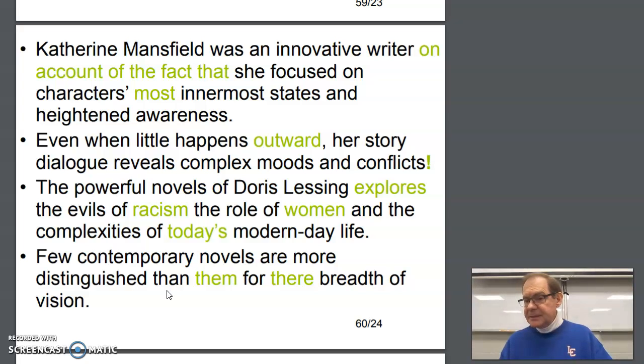After than and as, mentally complete the clause. Few novels are more distinguished than they are. Them should be they. After than and as, we pick nominative case or subject case pronoun, not objective case pronoun. Okay? So that takes care of this particular set.